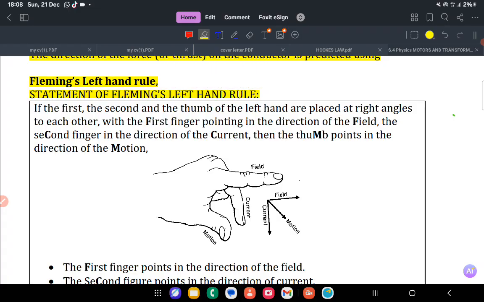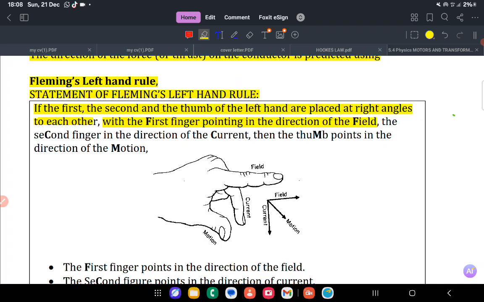that if the first finger, can you try to hold your fingers like shown here in the diagram? If the first finger, the second finger, and the thumb of the left hand are placed at right angles to each other, notice, at right angles to each other, with the first finger pointing in the direction of the field.